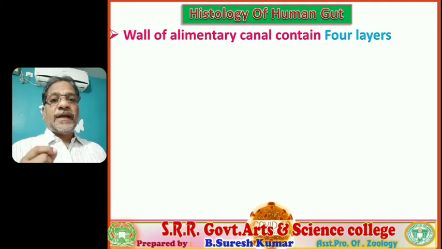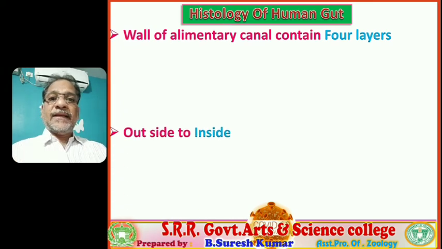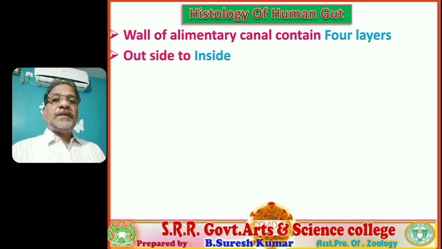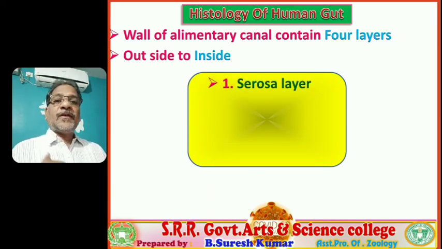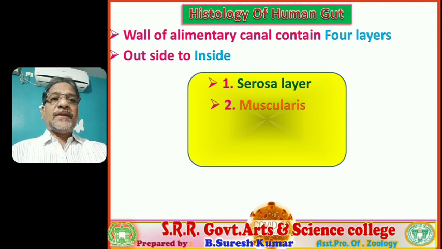The wall of the alimentary canal is constructed with 4 basic layers, from outside to inside, from surface to deeper. They are as follows. You observe, the first one is the serosa layer, next the muscularis layer, then the submucosa and the mucosa layer.